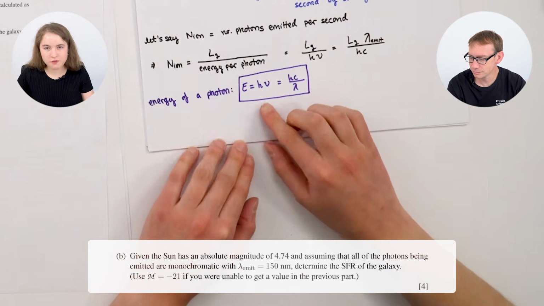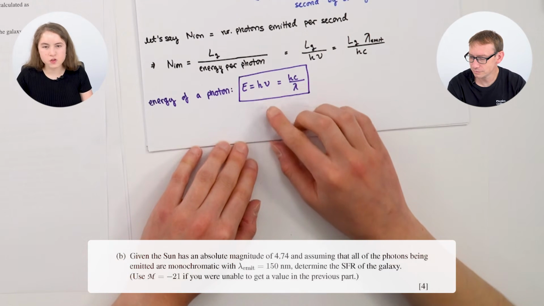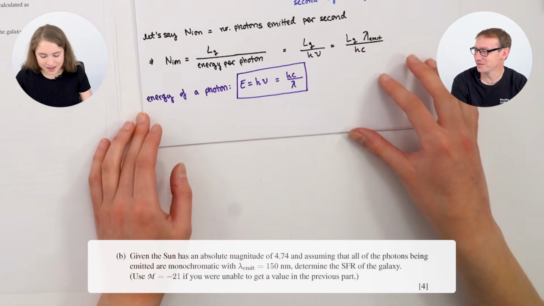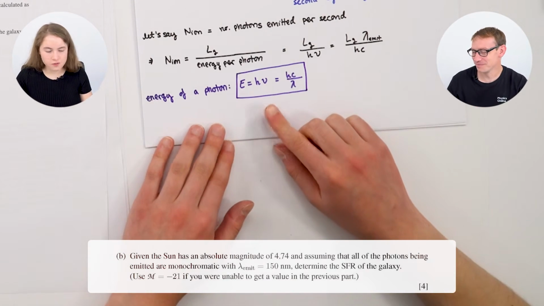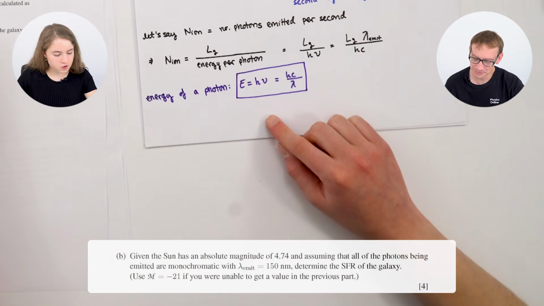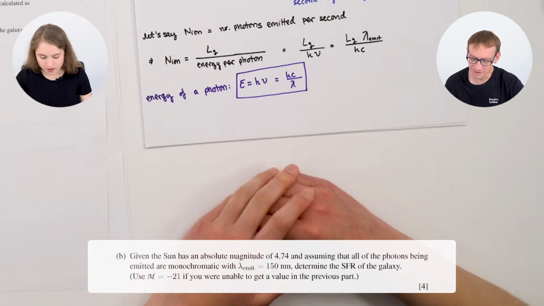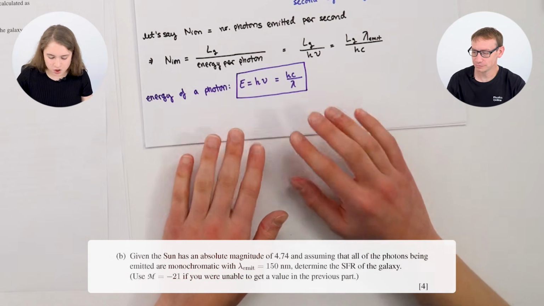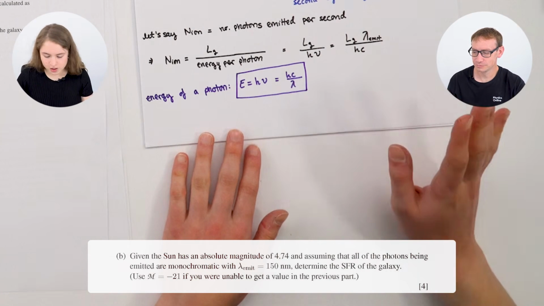E equals h nu, or E equals hf, where here we've denoted the frequency as nu rather than f. You can use either. It confusingly looks like a v as well. I've used nu as the frequency because they've used nu as the frequency in this question. That makes sense, to keep things consistent. Or equivalently, in terms of the wavelength, the energy of a photon is E equals hc over lambda.